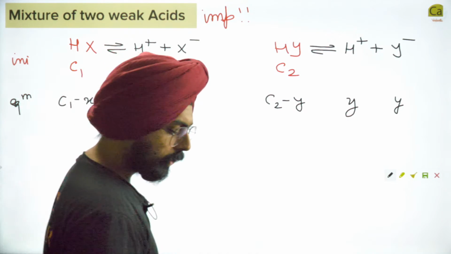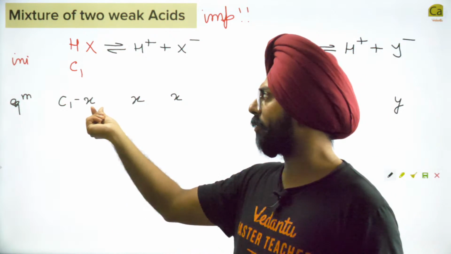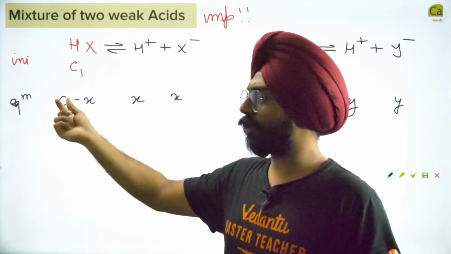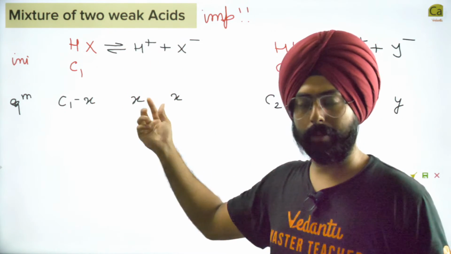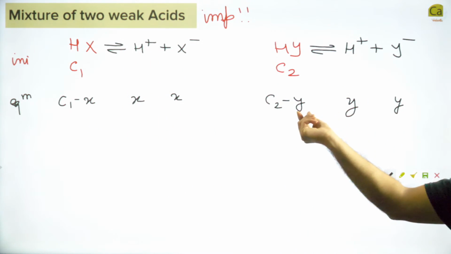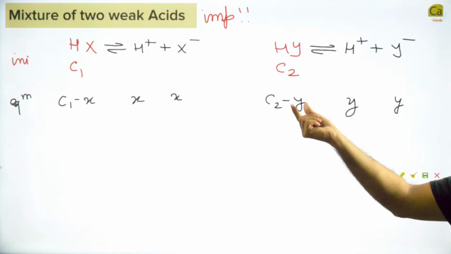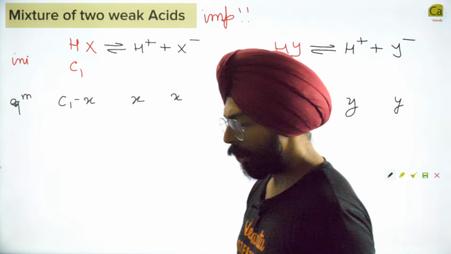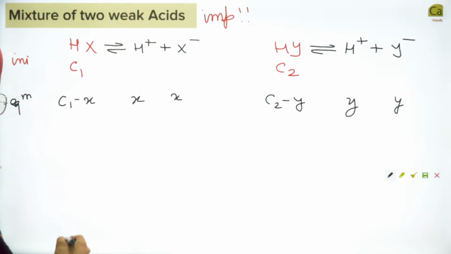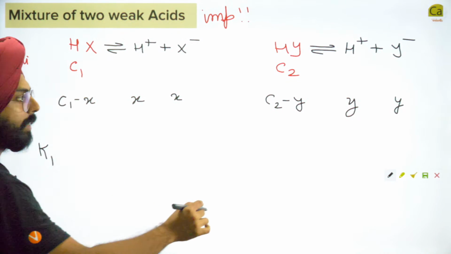Okay? Got it? So we are assuming that X amount of HX reacts. Since the stoichiometric coefficients are 1, 1, 1, X amount will be created. Similarly over here, Y amount of HY reacts, and since the stoichiometric coefficients are 1, 1 and 1, Y is created. So my dear friends, from here I can write K1 for HX and K2 for HY.